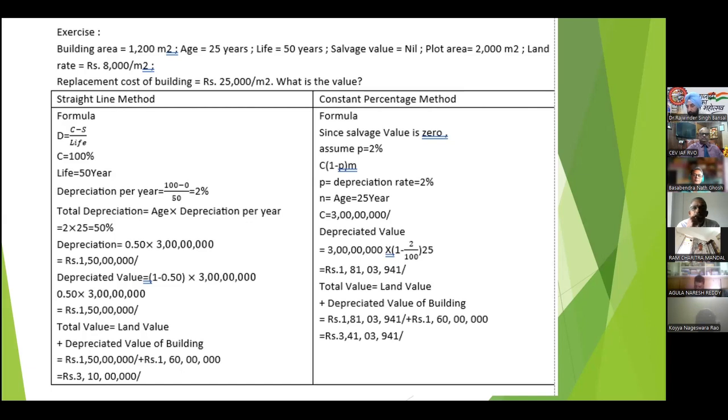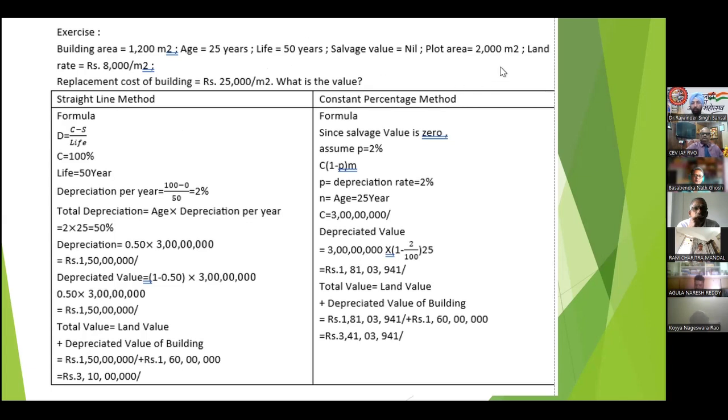See, when we are using the straight line method, you know depreciation. First of all, you calculate the replacement cost of the building. This is the rate of construction cost per square meter as on today.